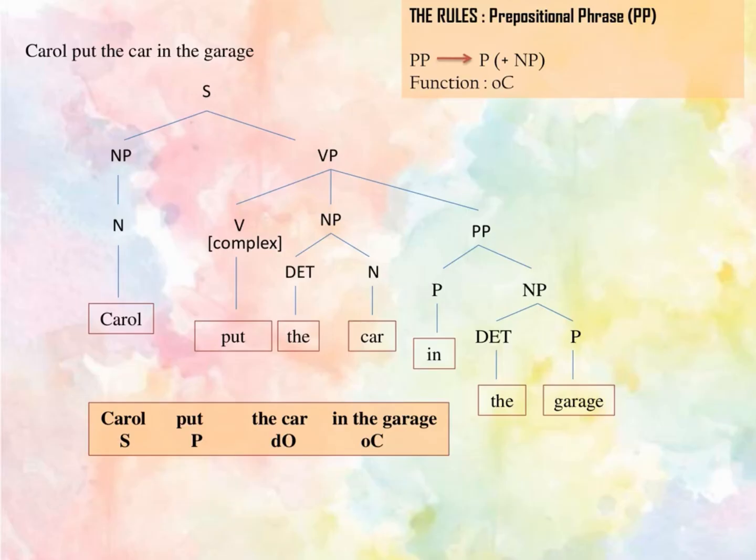So the car is the direct object. And then why is in the garage the object complement? Because in the garage provides information about the direct object, the car.